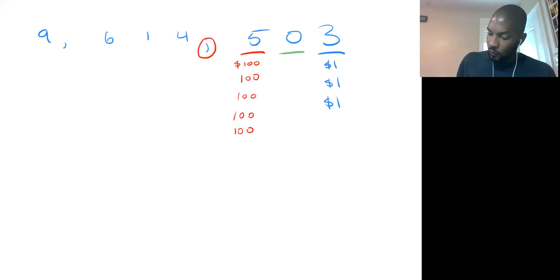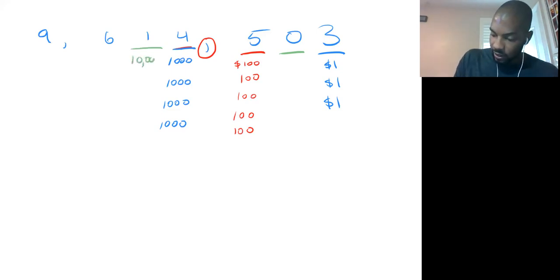Then we've got 4 in the 1,000 spot. So that's 4 $1,000. Then we've got a 1 in the 10,000 spot. So that's 1 $10,000 bill.